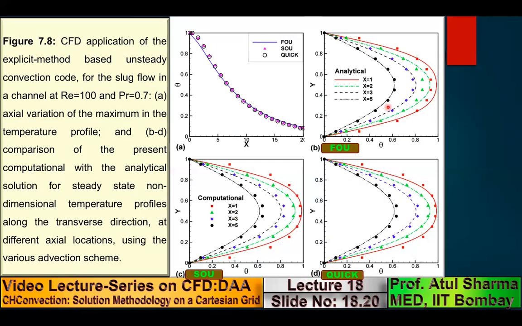This figure is where the symbol corresponds to the first order upwind scheme. Here the symbol corresponds to the second order upwind scheme. Here the symbol corresponds to the QUICK scheme.